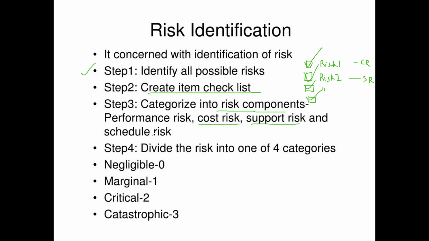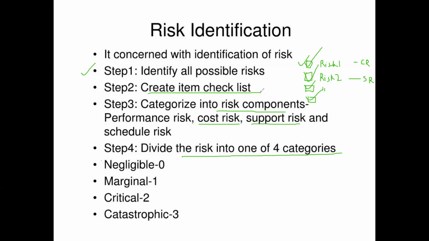Fine. And step 4 is you should give one of 4 categories. See, if a risk has a very negligible effect, like this first risk maybe, we have to understand how much effect can happen from this risk.